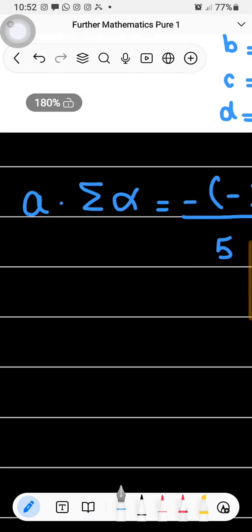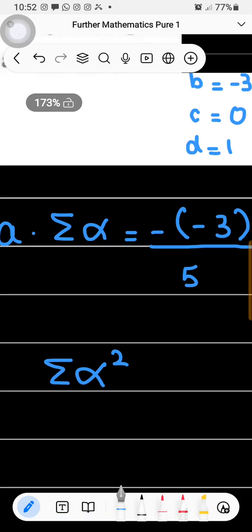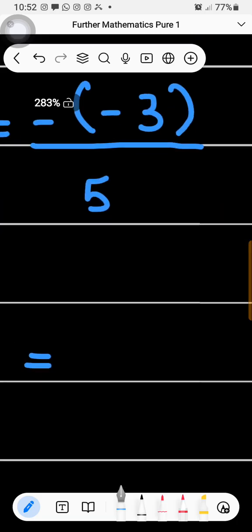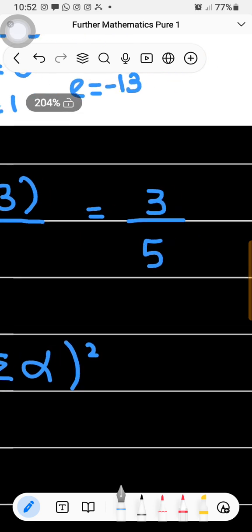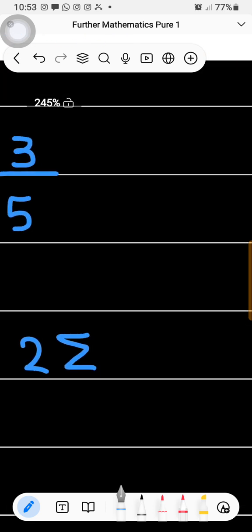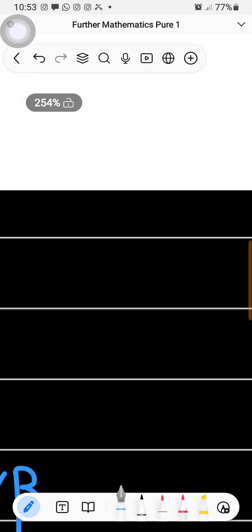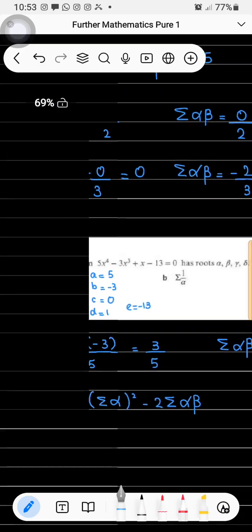Now we have to find out sum of alpha square. Let's recall the formula. Sum of alpha whole square minus 2 sum of alpha beta. So let's find out sum of alpha beta here. Sum of alpha beta is C upon A. So what is C?